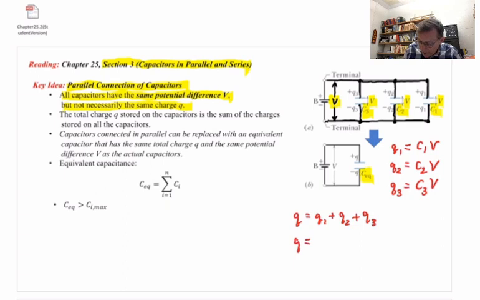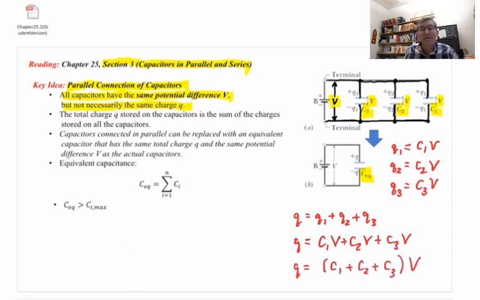But then for the Qs, we put in the appropriate C times V for each one that I just wrote down. But then note, they have the same V because they are in parallel, so I can factor it.